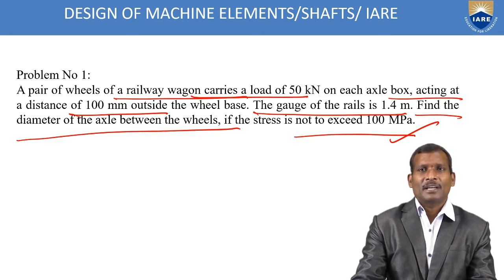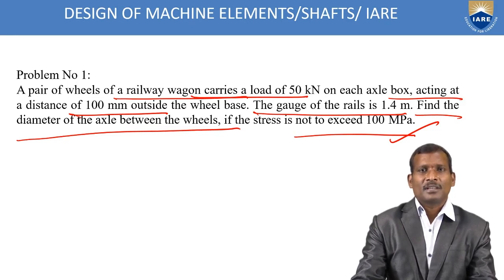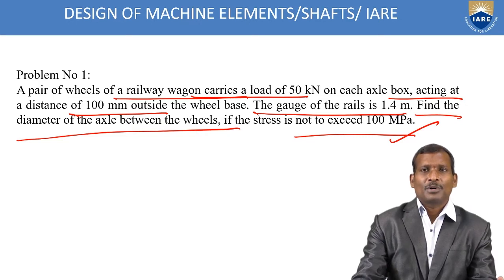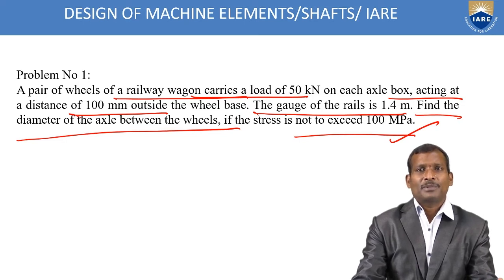Whatever diameter of this axle you calculate, that should be in safe condition, otherwise it will fail. That's why before solving the problem, first read the problem carefully and understand which type of condition is given. Clear? Here the load is 50 kilonewtons, acting at a distance of 100 mm.